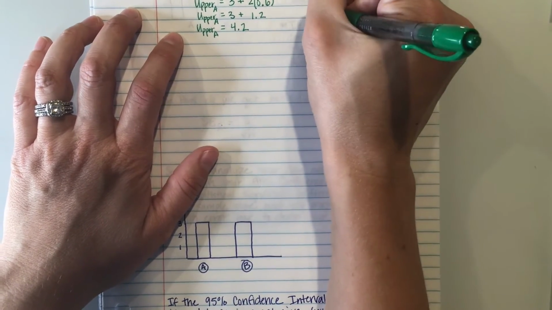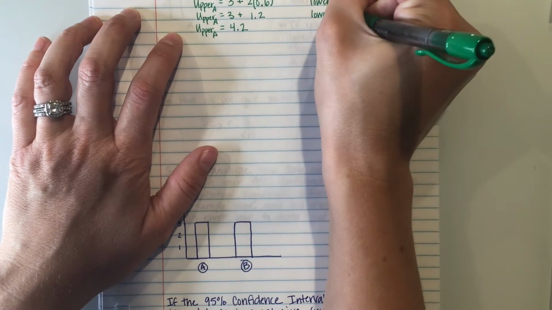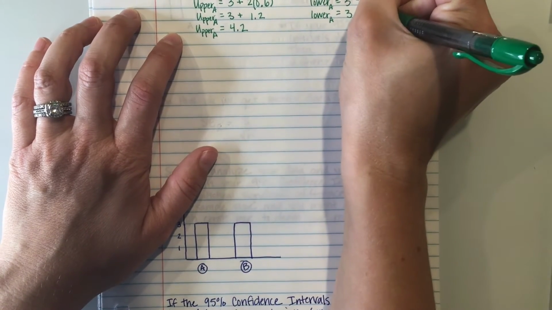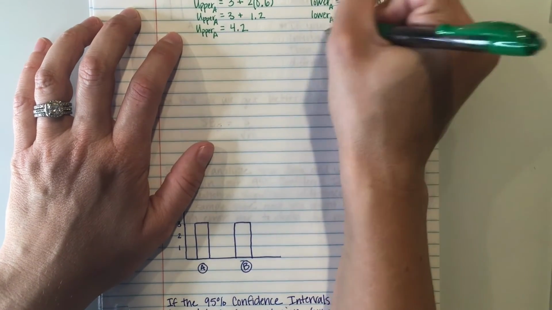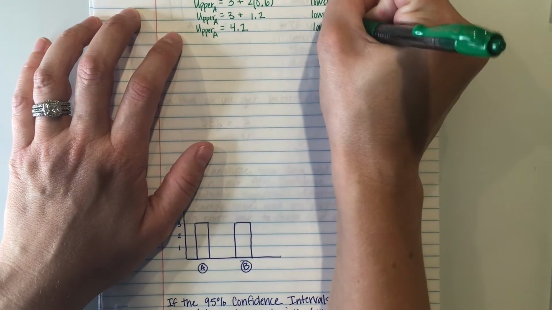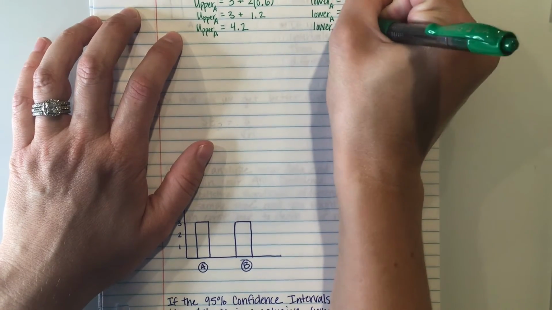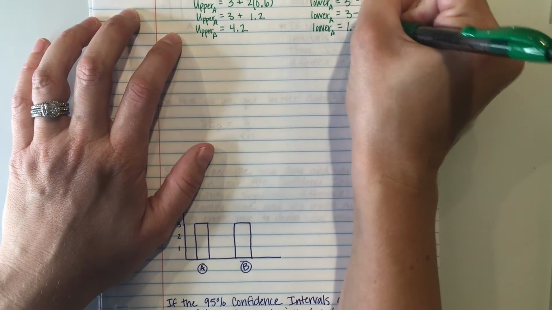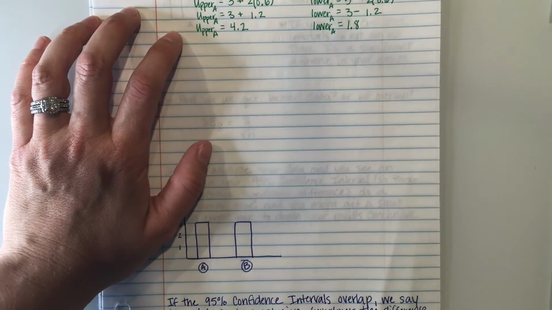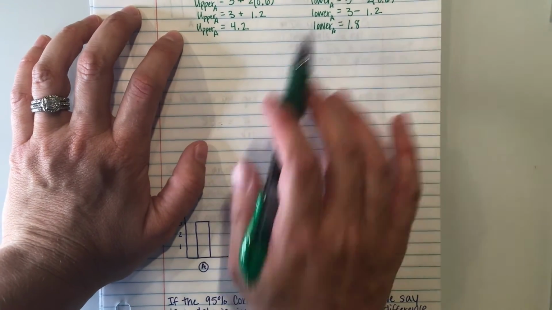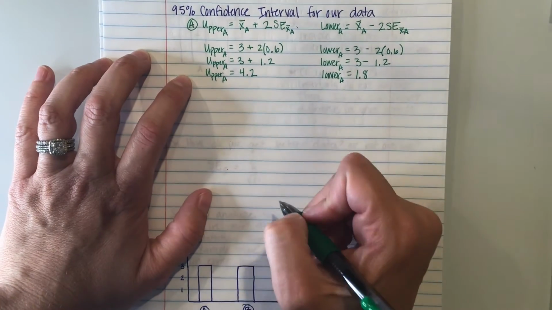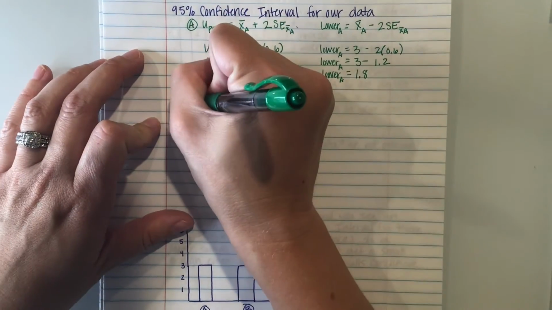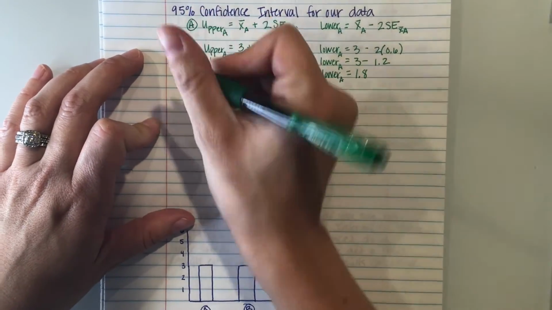So that means lower A is 3 minus 1.2, which means the lower value of A is 1.8. And these two values, in a second you'll see, are what I'm going to plot on my graph here. So if I did it for A, I better do it for B.